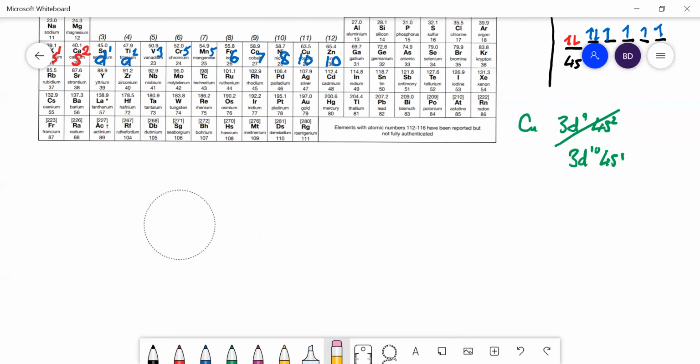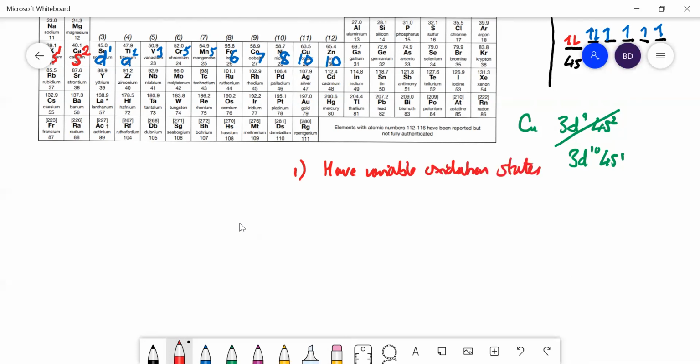Right, characteristics of transition metals. We're probably going to say, right, 1, they have variable oxidation states. So one we're pretty familiar with already, like iron, very often it's Fe2+, very often it's Fe3+.